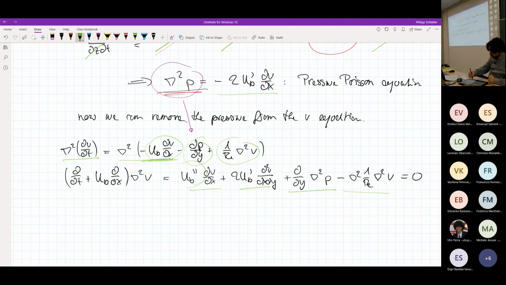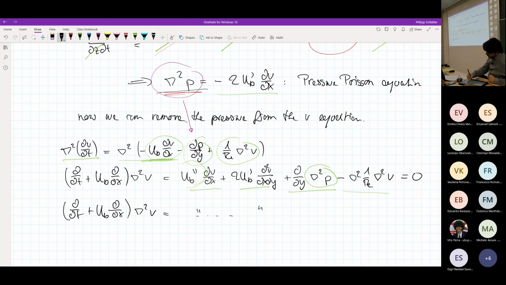Now I'm in the position where I can replace this with the Poisson equation. So everything remains the same for the time being: d/dt plus ub d/dx of nabla squared v. These are all the same.